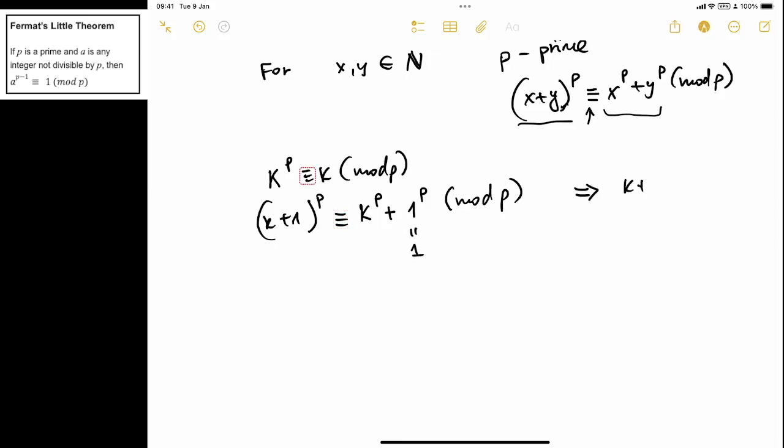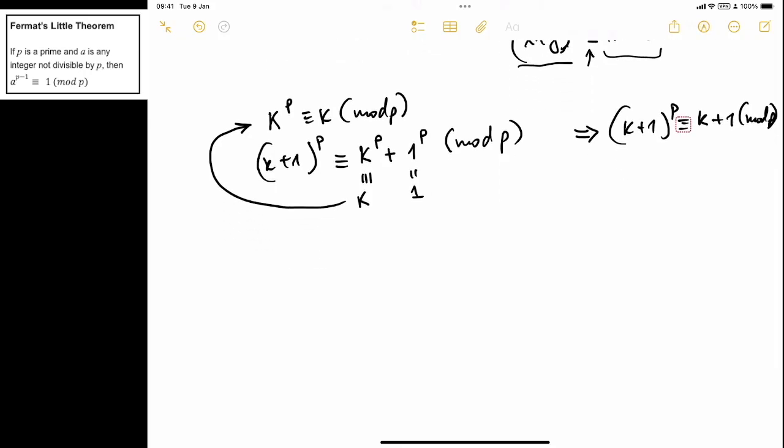Then k plus 1 to the power of p equals k plus 1 modulo p, because k to the power of p equals k by the assumption. And this proves Fermat's Little Theorem for k plus 1.